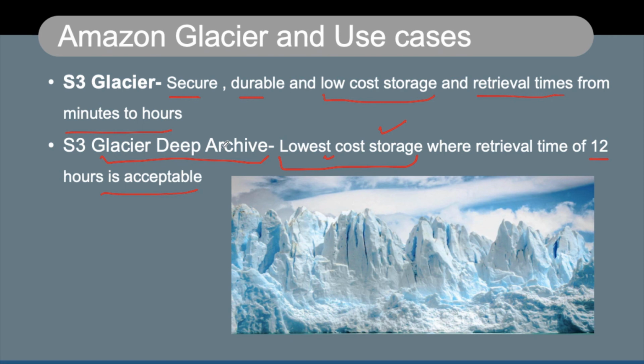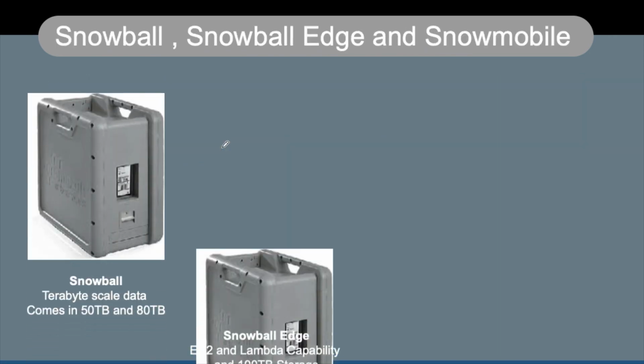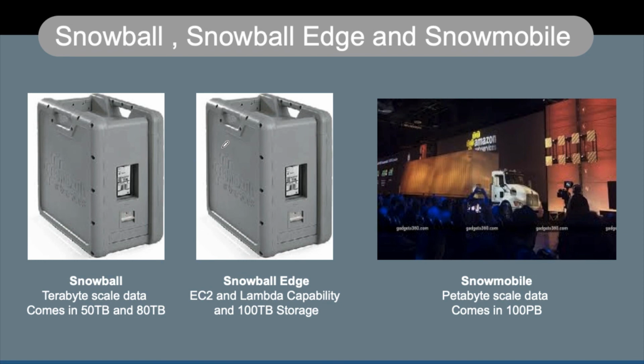We also have some different storage devices which we can use to transfer data from your on-prem data centers to the AWS cloud. They are called Snowball, Snowball Edge, and Snowmobile. So what are these things? Snowball is typically terabyte-scale data, which comes in two sizes, 50 terabytes and 80 terabytes.